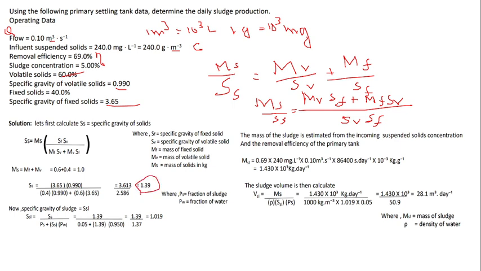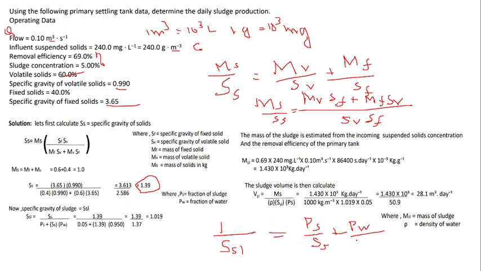Now the first case is solid. Again, to find the specific gravity of the sludge, we are going to use the same formula, which is 1 by specific gravity of sludge is equal to the fraction of the sludge solid, Ps, divided by the specific gravity of the solid Ss, plus the fraction of water. Basically, sludge is going to contain only the solid and water.